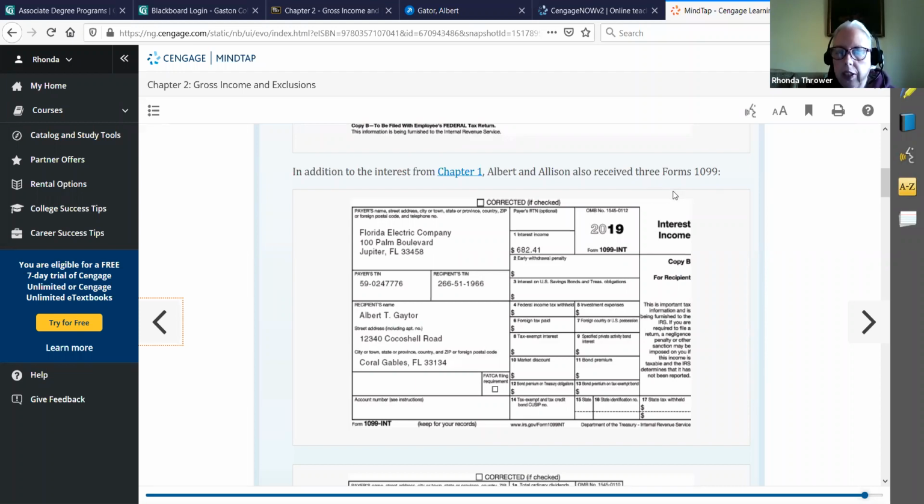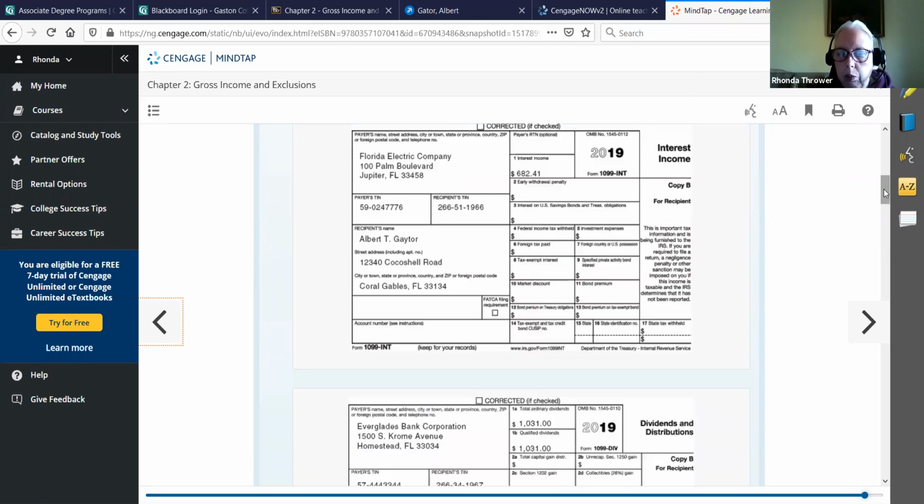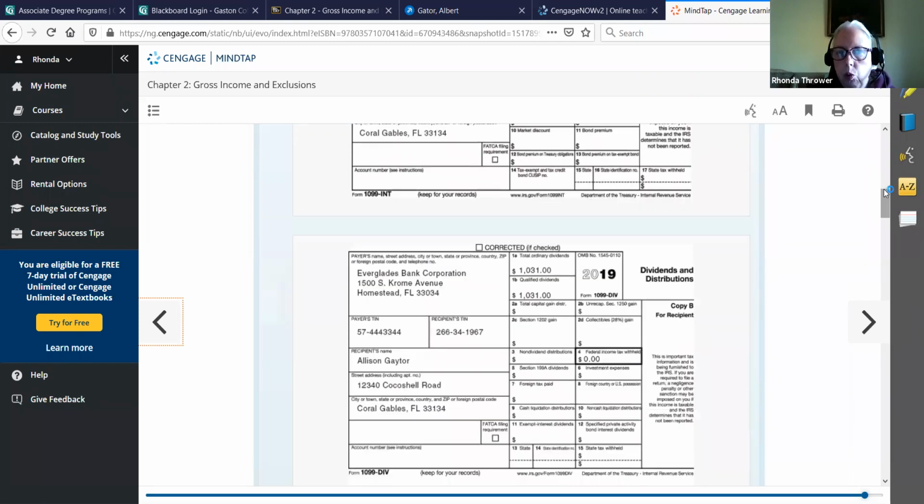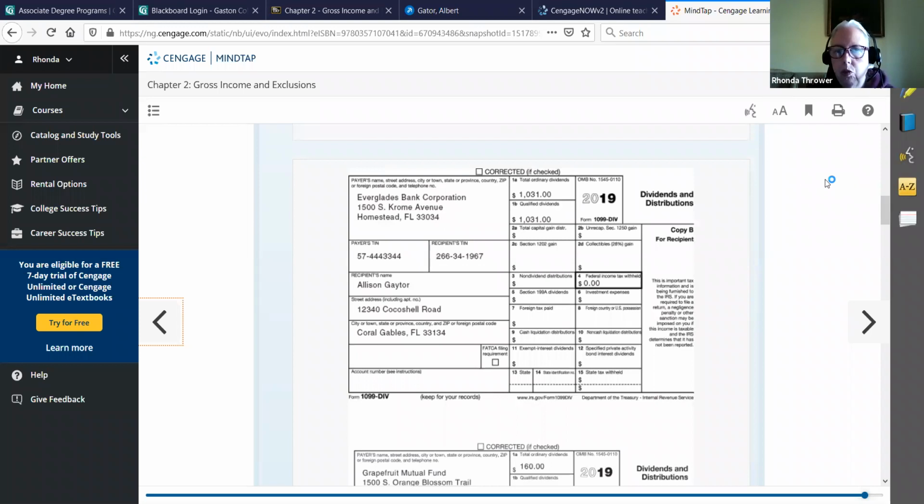There are 3 1099 forms that they give you in this problem. So I'm going to the second 1099 form, and notice this one is the 1099 form for dividends. It also tells you there are dividends and distributions. And what you need to look for about dividends is whether it's an ordinary dividend or whether it would be a qualified dividend.